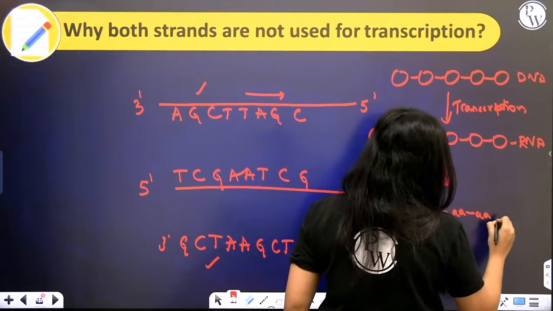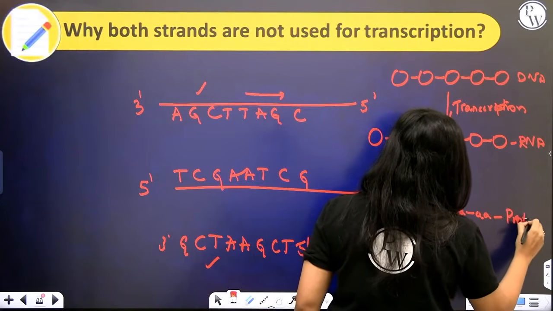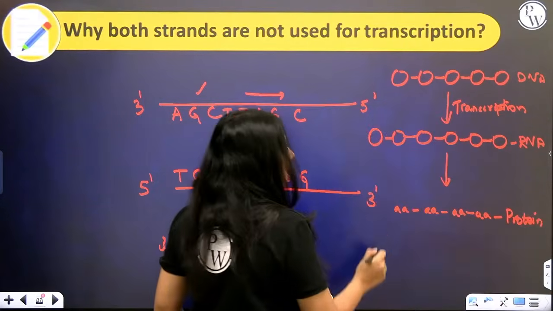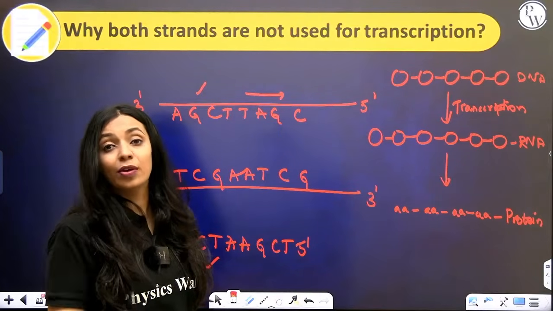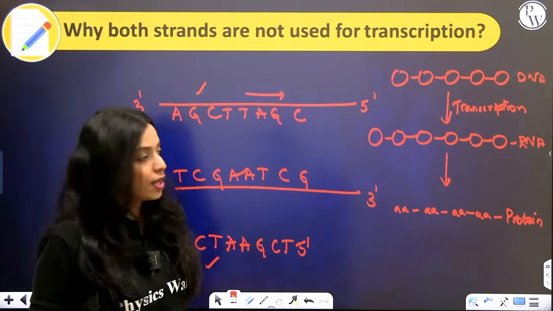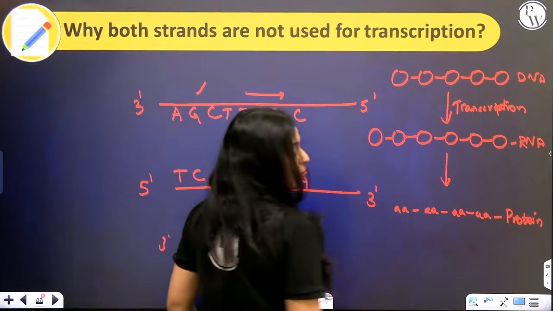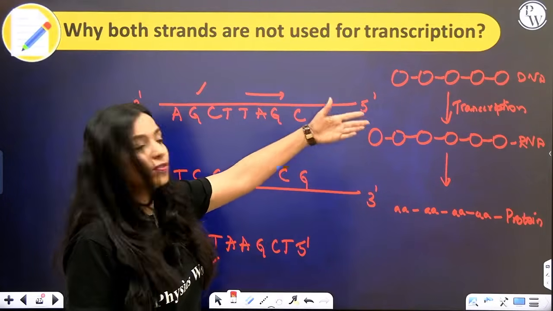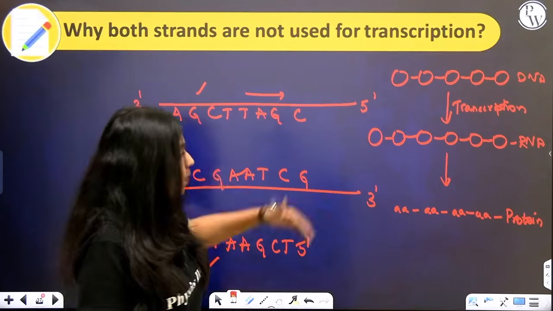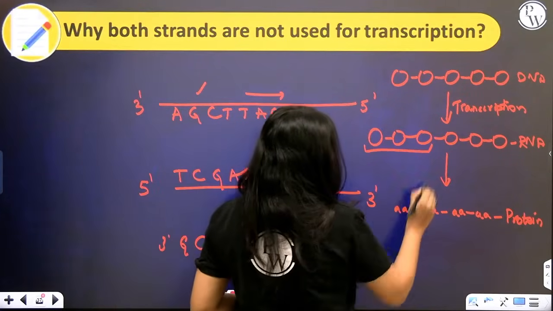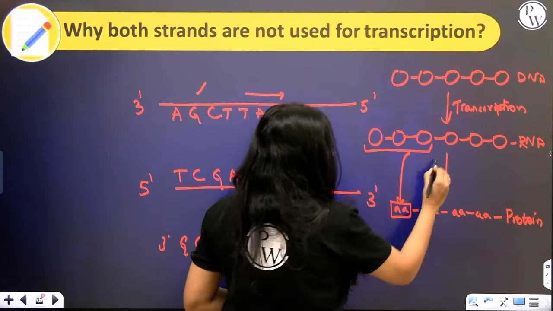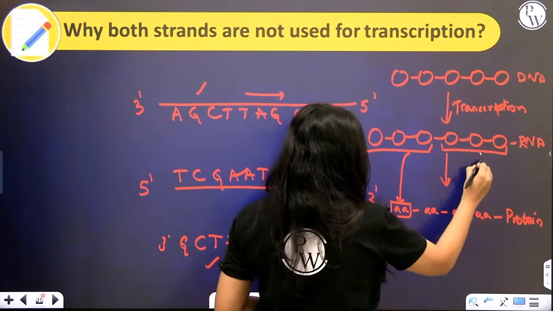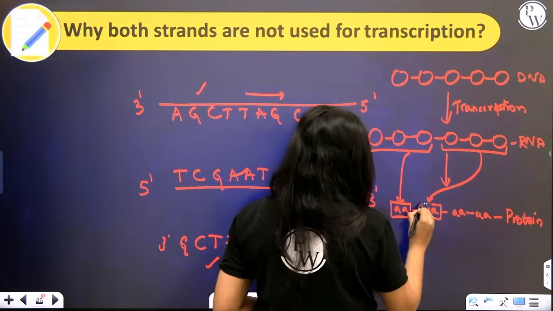So what is basically going to happen during translation? Protein synthesis is going to take place. How do proteins differ from each other? Because of the sequence of amino acids in them. So what determines the sequence of amino acids in a protein? The sequence of RNA. Every 3 nucleotides in RNA will have information for one amino acid. The next 3 nucleotides in RNA will have the information for the next amino acid.